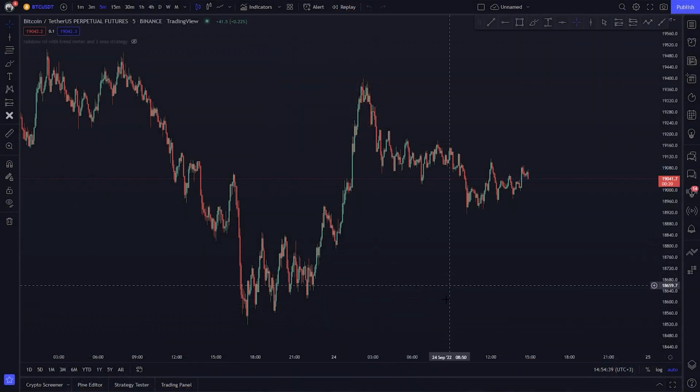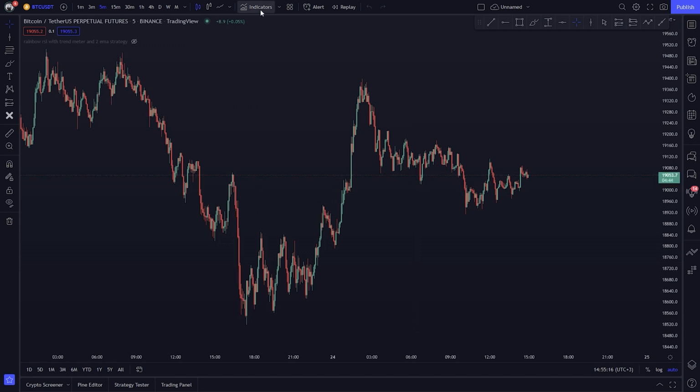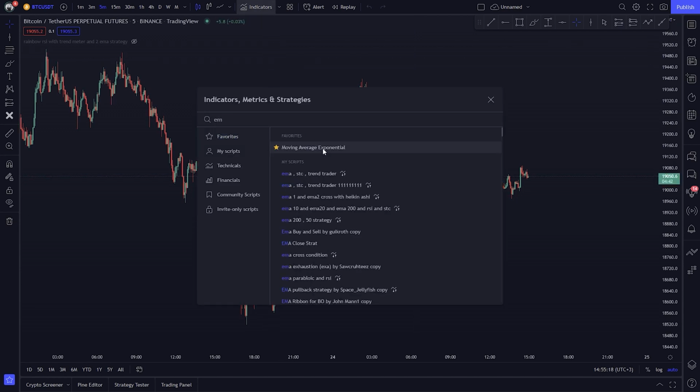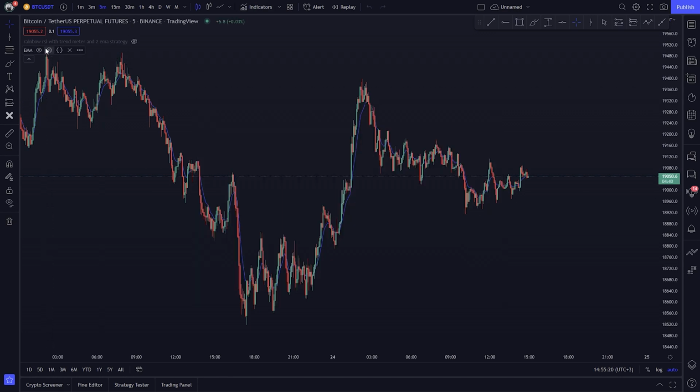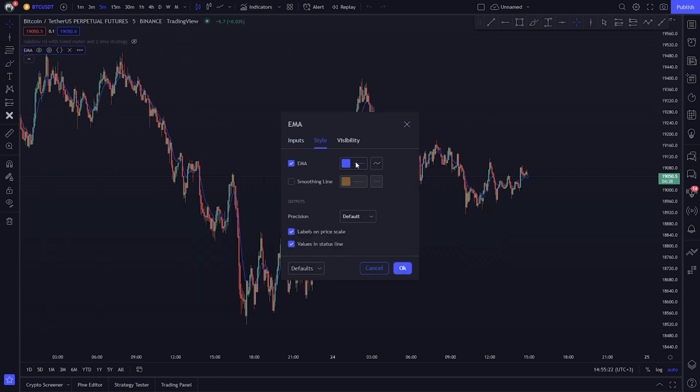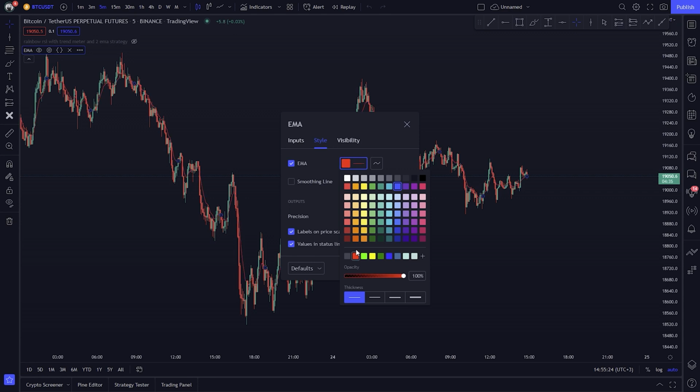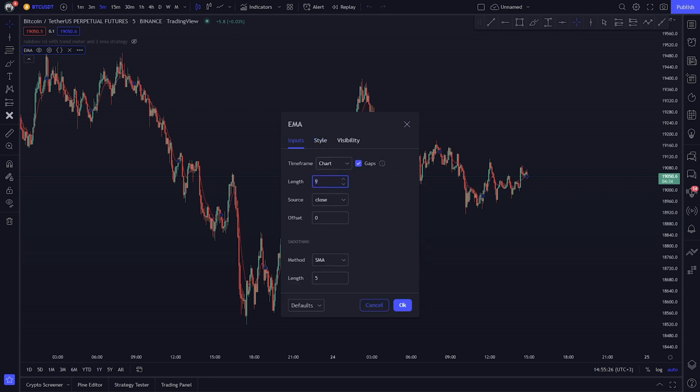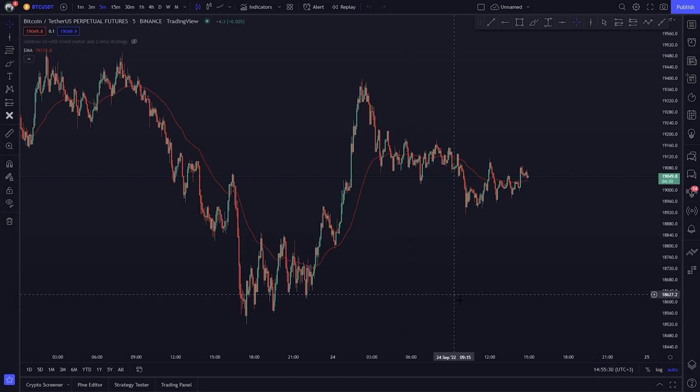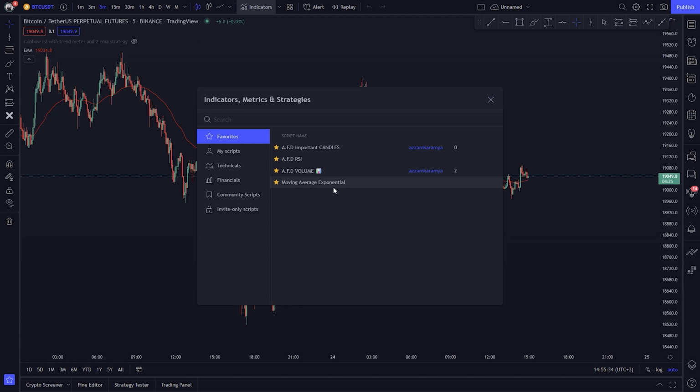This strategy includes four free TradingView indicators. Now let's go ahead and add them to our chart. 50 EMA. 200 EMA.